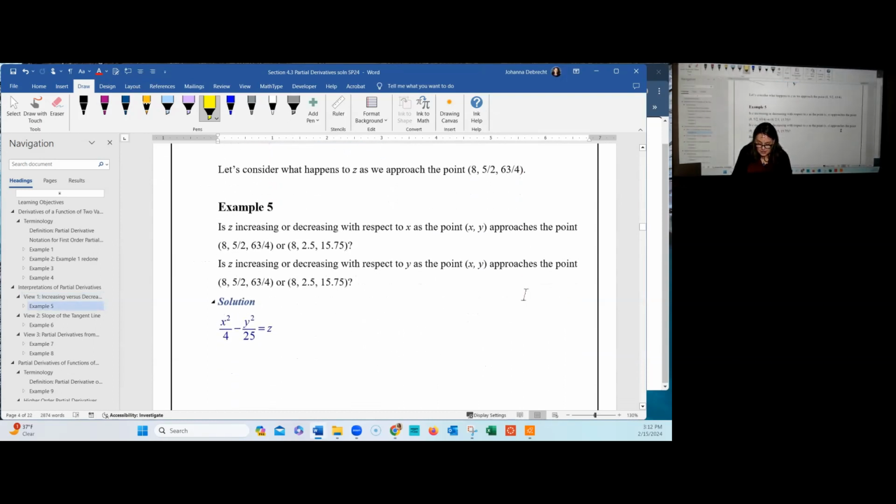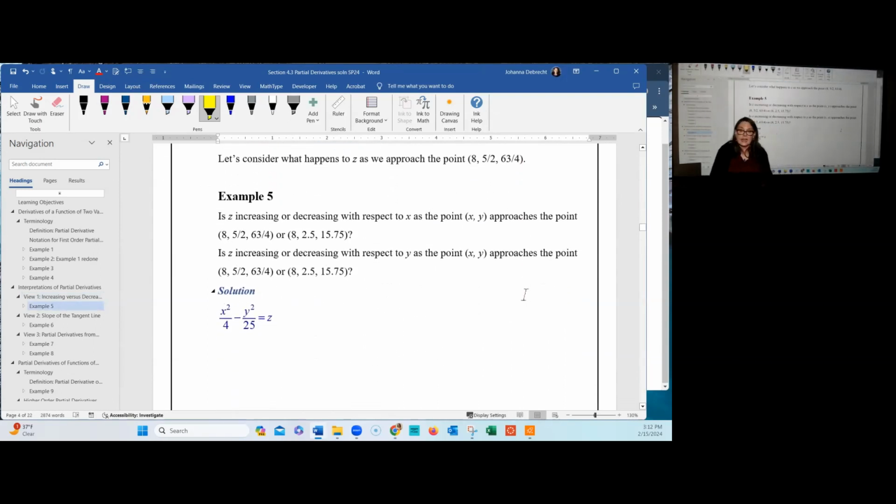What happens as we approach the point (8, 5/2, 63/4)? Now, 8 and 5/2 were chosen more or less at random, and you can find the value 63/4 by substituting 8 and 5/2 into the equation in place of x and y and solving for z. This gives us the value of z of 63 divided by 4.